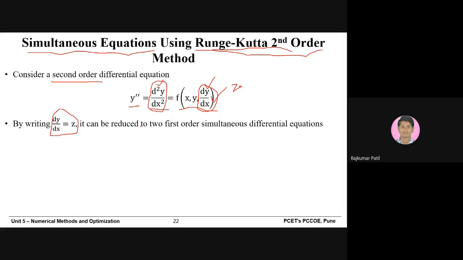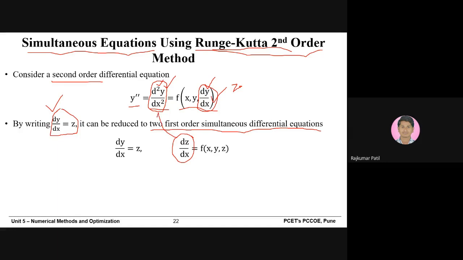When you change dy by dx in this equation as well, the second order differential equation will become two first order simultaneous differential equations, out of which the first equation will be dy by dx is equal to z, and the second equation will be the modified equation of the second order differential equation.